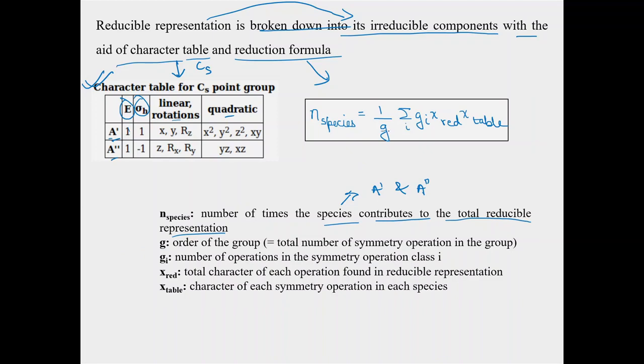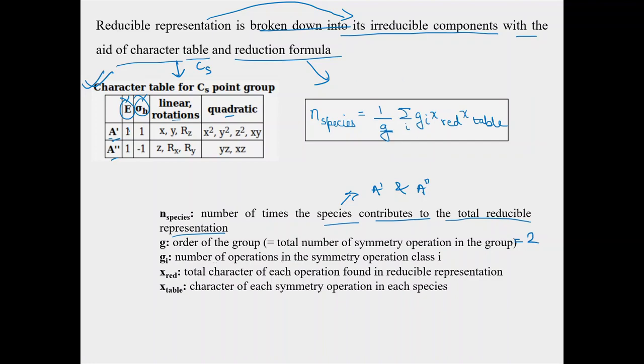What is g in this equation? g is the order of this point group, which is equal to the total number of symmetry operations in this group. So 1 E and 1 sigma h. So what is the g of this point group? Anyone? What is the order of this point group? It's 2. Then next is g i.